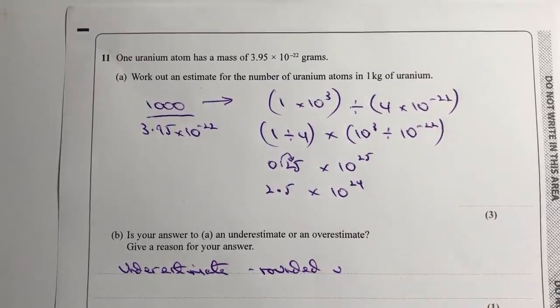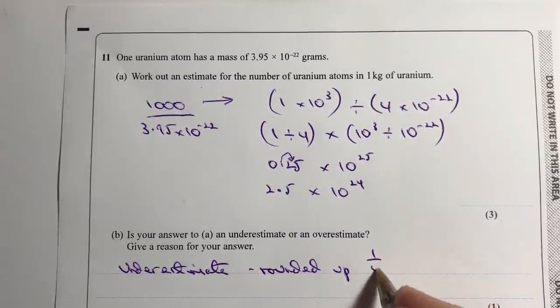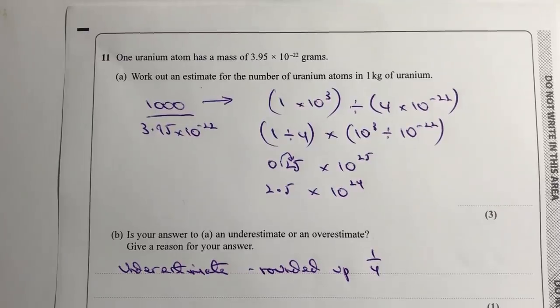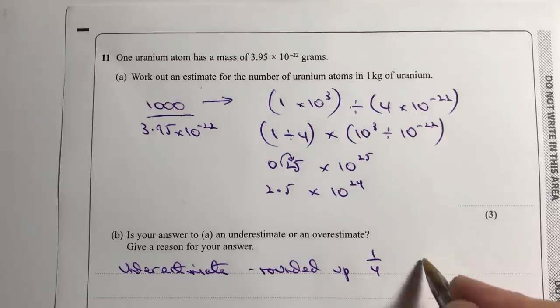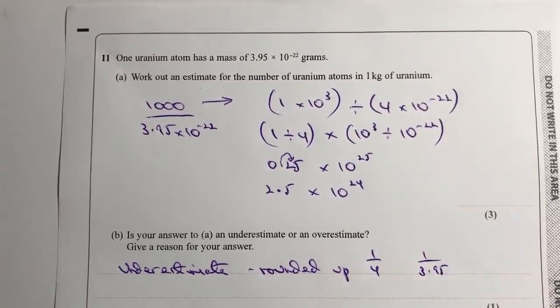So if I divide a bigger number, I'm going to get a smaller answer. Okay, so it's rounded up to 1 divided by 4, which is smaller than 1 divided by 1.39, 1 over 3.95. Okay, I hope that's all right, so I can just write something like that if I wanted to. Okay, hope that's all right for you.